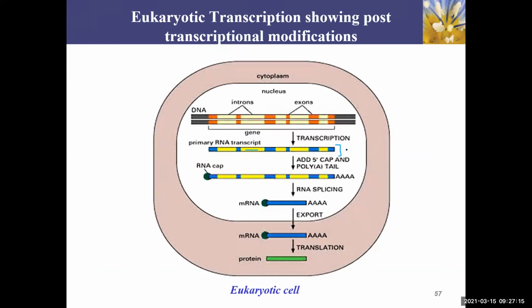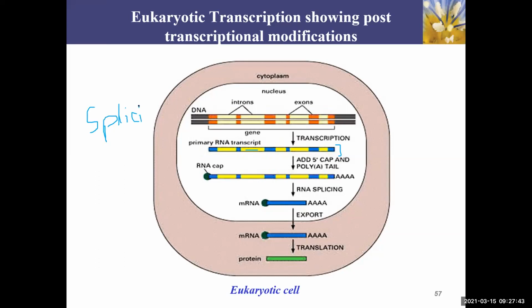So when the pre-mRNA is produced, after that these introns are removed. What is that process called? How do we remove the introns? Splicing. Yes, very good. We spoke about it last time.